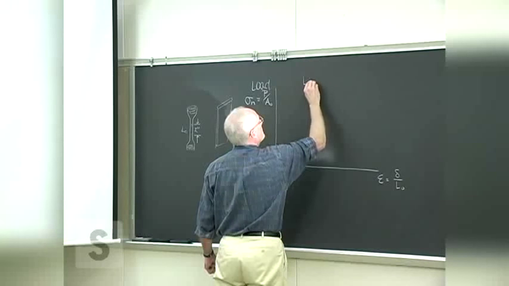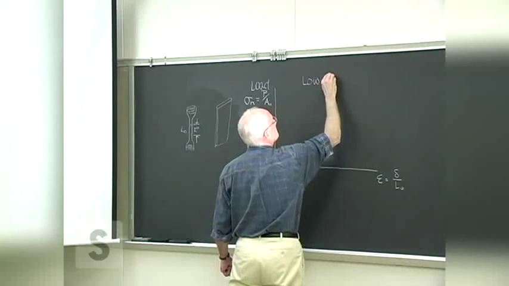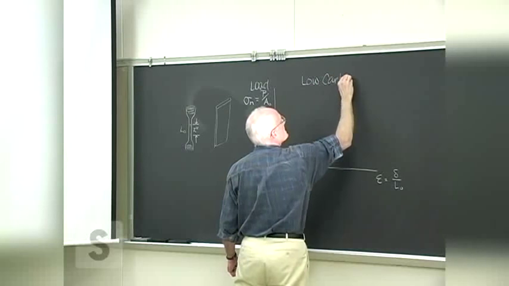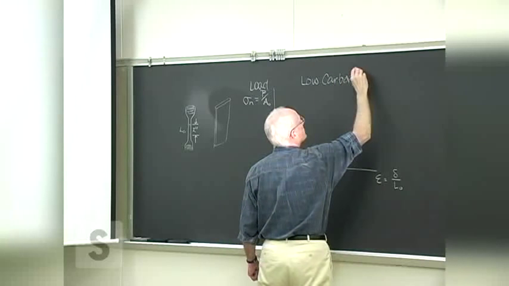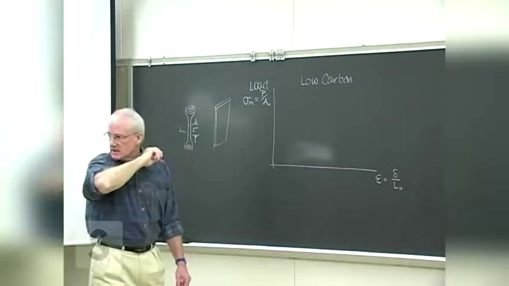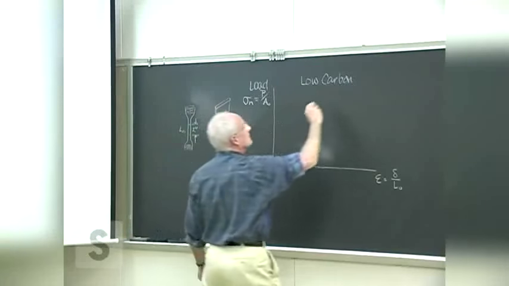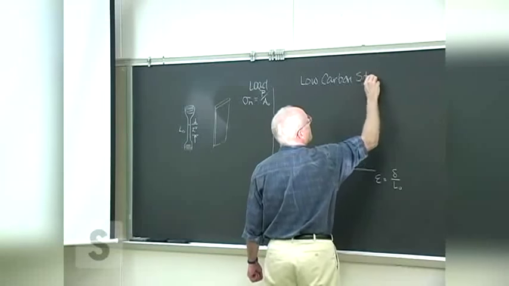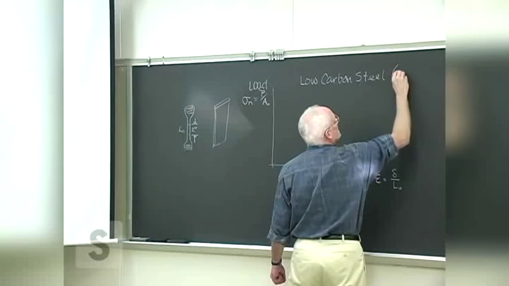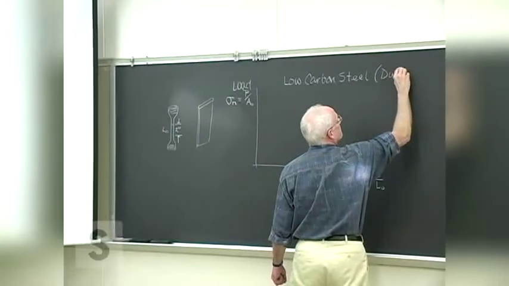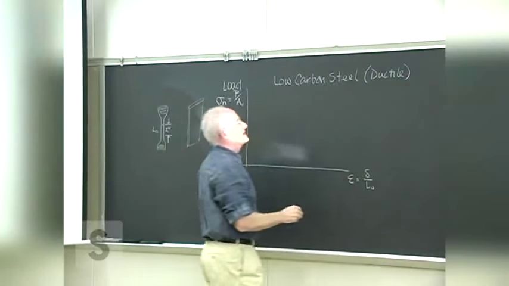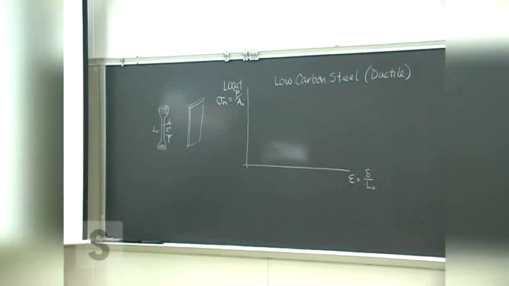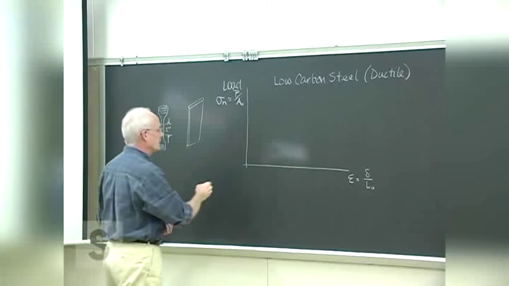on the x-axis. And remember, that can typically be very, very small, especially in the early stages of the test. And we were looking at typical structural steels, like low carbon steels, a general structural representative of what we call a ductile material. There's two typical responses of ductile materials. The steels tend to do something like this.